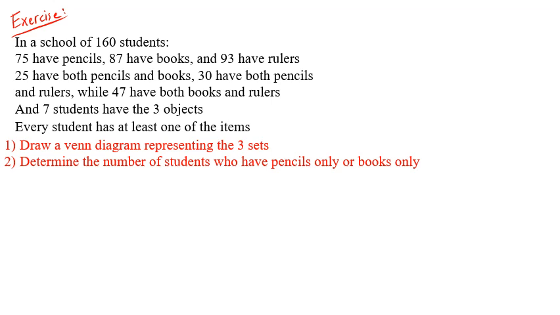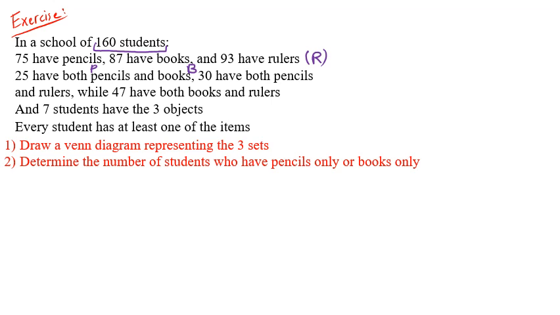Another extra exercise in the same way. In a school of 160 students, 75 have pencils. This is set P. 87 have books. This is set B. And 93 have rulers, which is set R. Also, we have 3 sets.